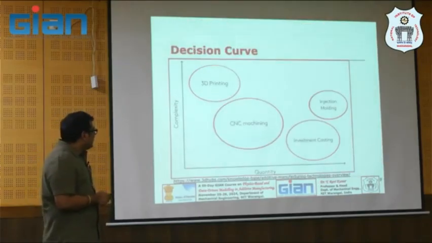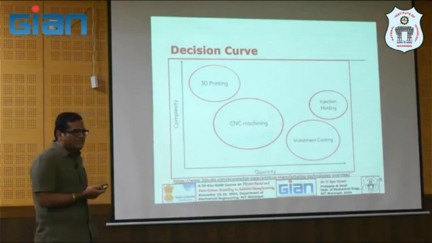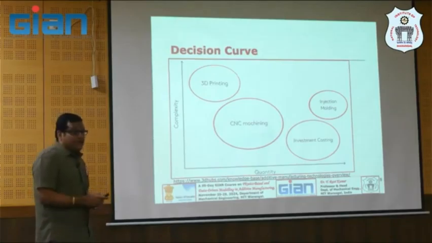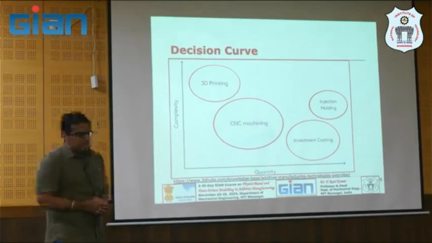Of course, if you want to take a decision, you go for additive or 3D printing whenever you have a highly complex product, right? But that is in a limited quantity, maybe a dozen or a few dozens, but not more than that.